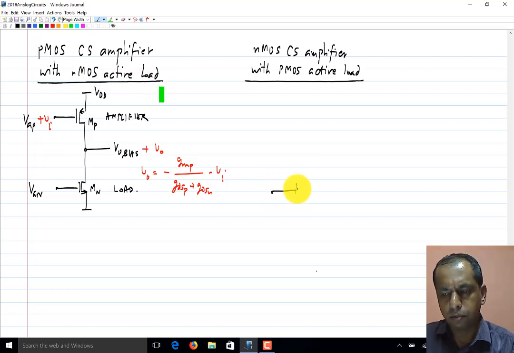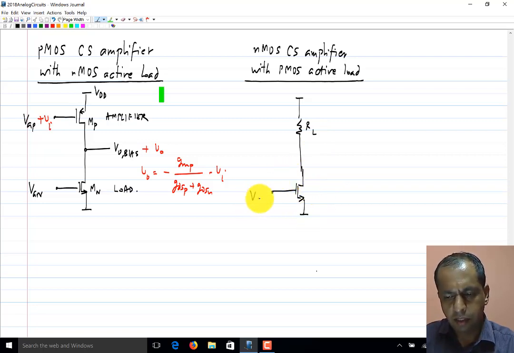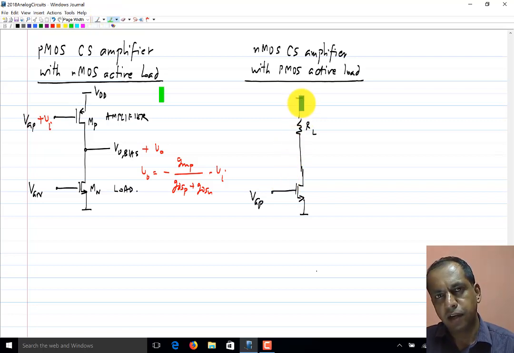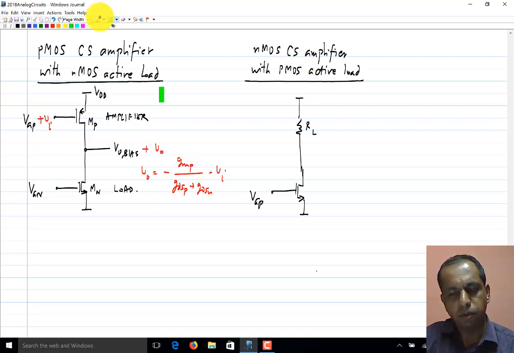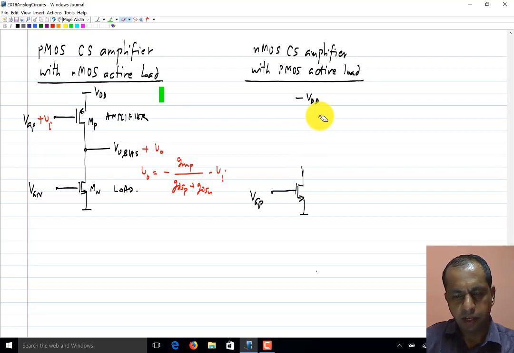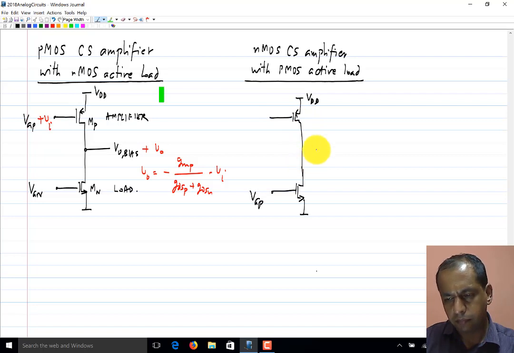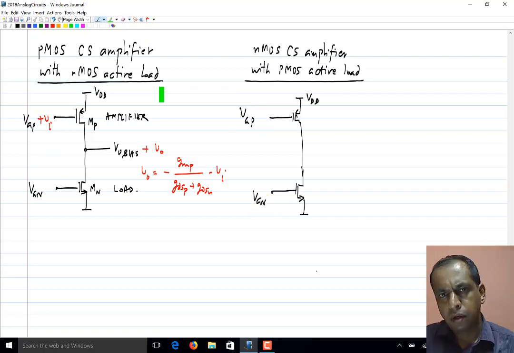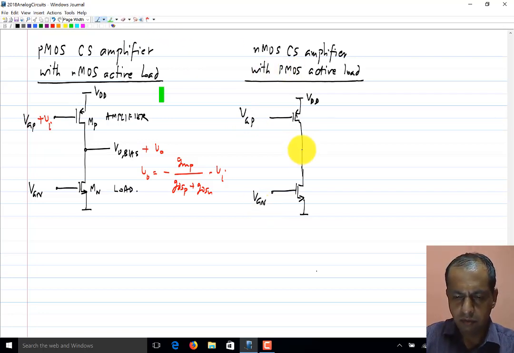So a conventional NMOS common source amplifier would have an NMOS transistor operating in saturation region, loaded by a resistor RL. The gate is biased at VGP. As with the PMOS common source amplifier, if we go on increasing RL to increase the gain, we have to increase the supply voltage VDD as well. To avoid that, we can replace RL by a PMOS active load and we take the output here.